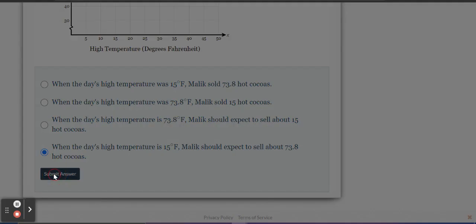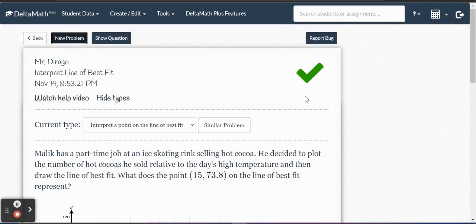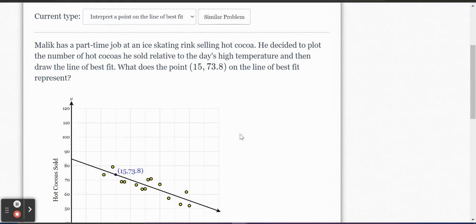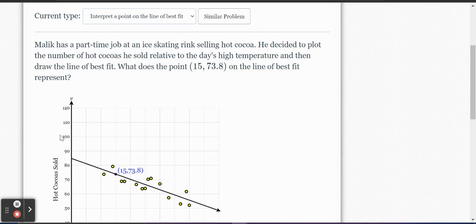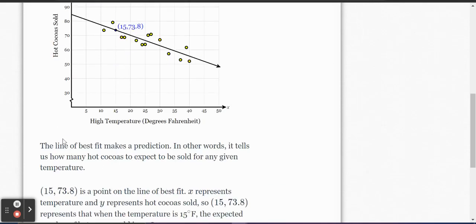We're going to submit that and boom. I just want to reiterate the importance of knowing the terminology. When it's on the line of best fit, it's either predicted or expected. These points here are actual points. And for the slope, you're looking for words like change, rise over run, the change in the y over the change in the x.